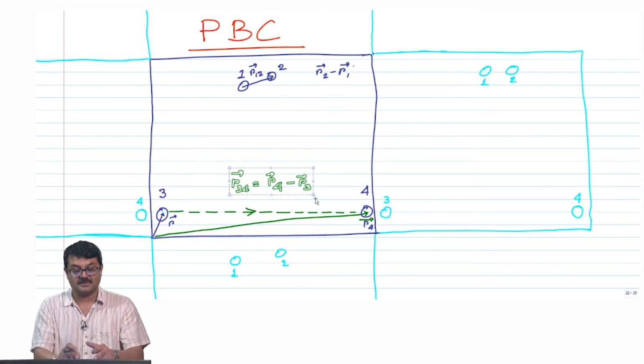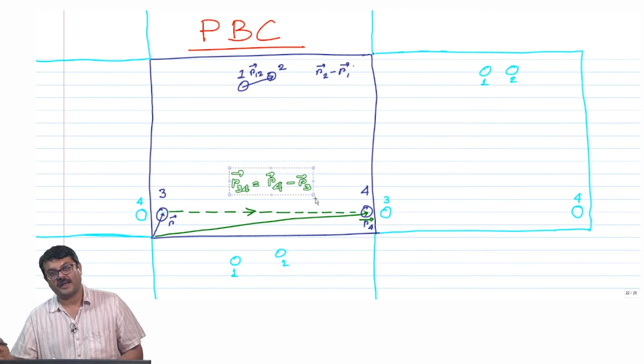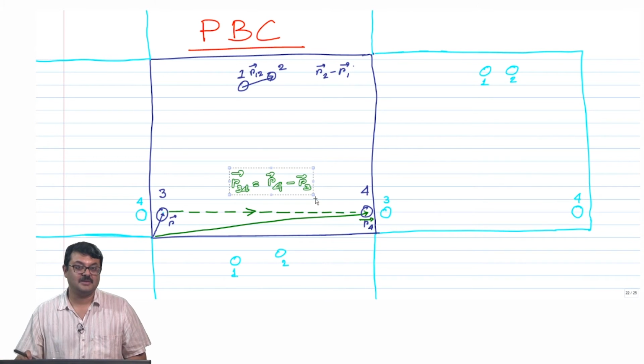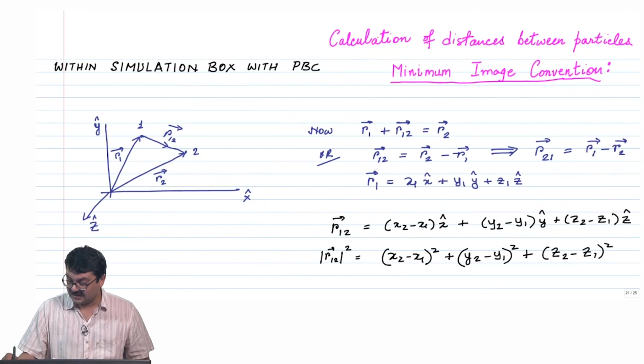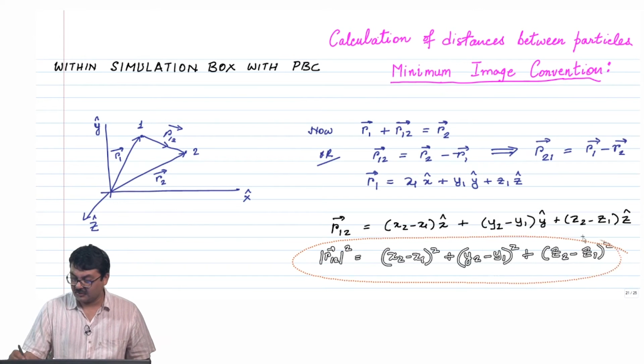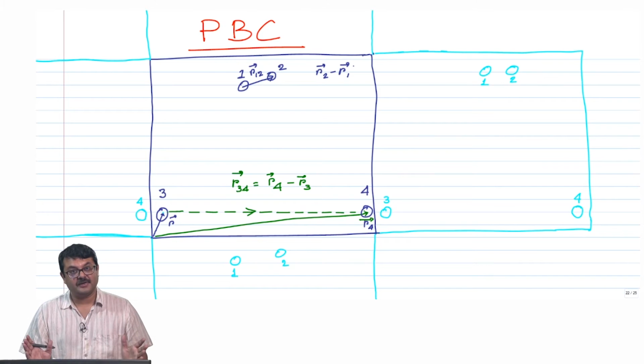I mean, this is the vector, and from there you can calculate the distance, and if you calculate x 4 minus x 3 whole square plus y 4 minus y 3 whole square, the way we discussed, basically this formula, then you would get a very large distance.